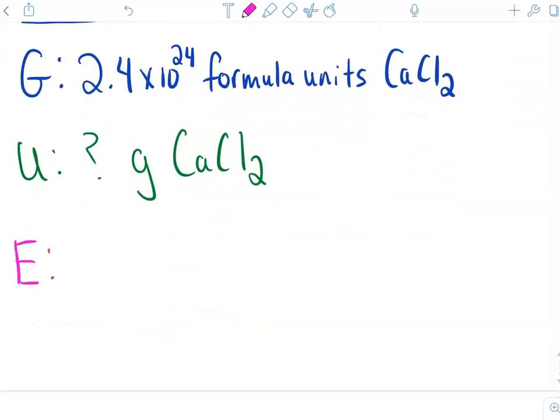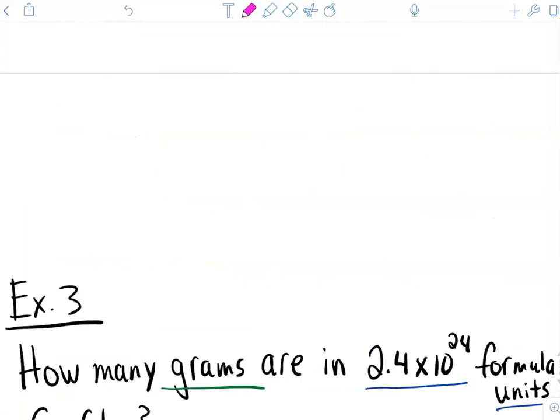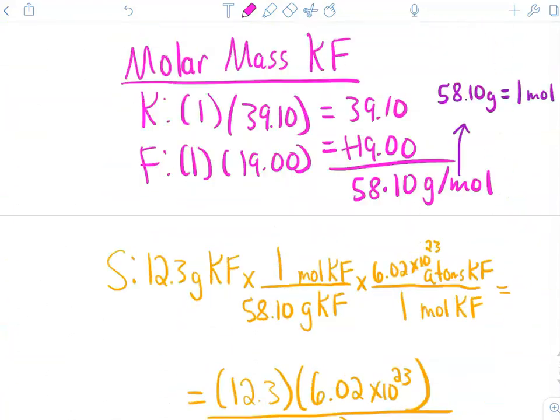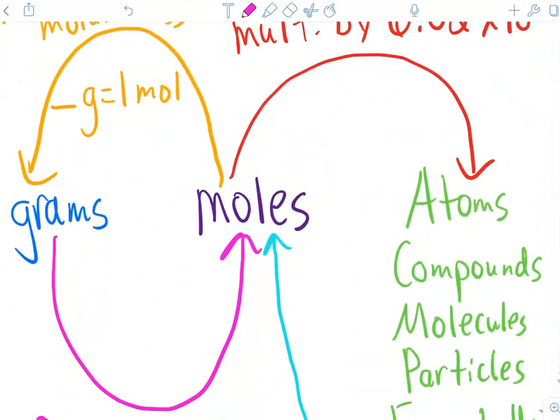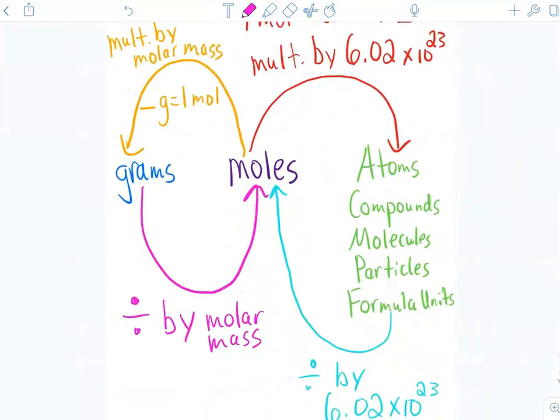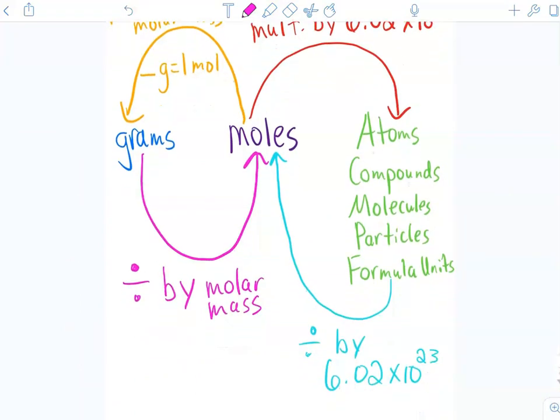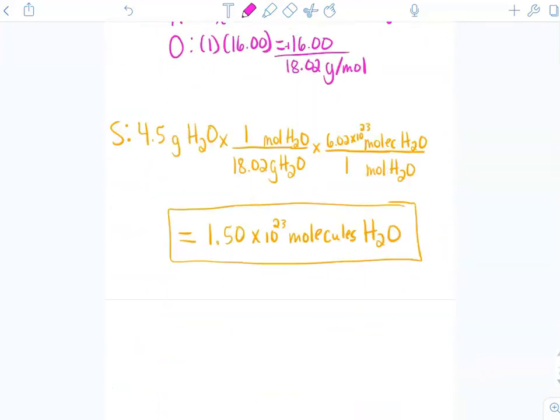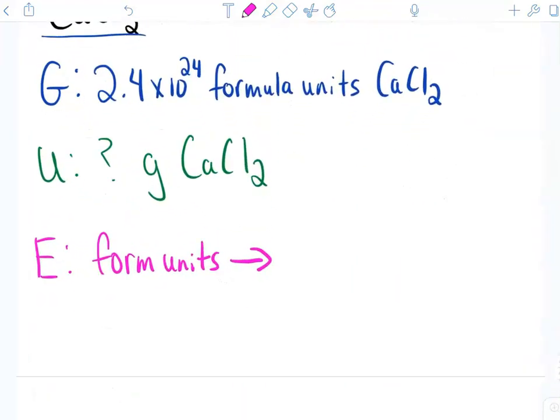So we're going to start with our formula units. Okay. So if I start with formula units, which is over here in the green, I follow my arrow and I'm going to go to moles. And the way that I do that is I divide by 6.02 times 10 raised to the 23rd.